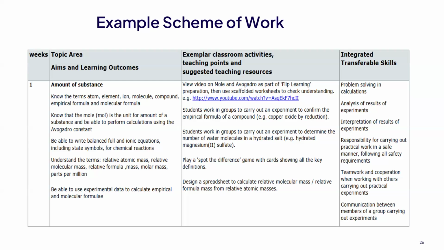You might want to start on amount of substance. And as you can see, there's a lot of information there, including the aims and learning outcomes, which of course you can then translate into a lesson plan, and then examples of classroom activities and teaching points and suggested resources. So you can have a look at those and see whether they suit your teaching style and the learning style of your own individual students.